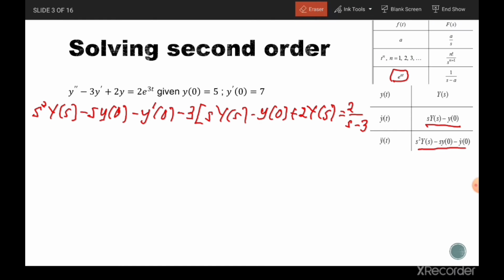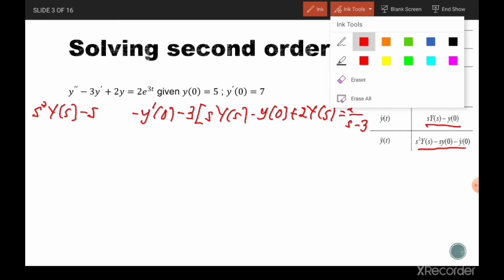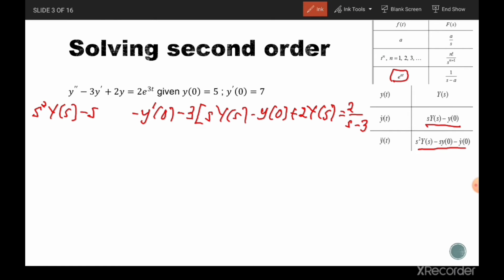After we transform it, we need to replace the initial values. So I delete here and replace with the number 5, because y(0) is equal to 5. I use a different color. 5 here, 5s. Then y prime (0), the value is 7.